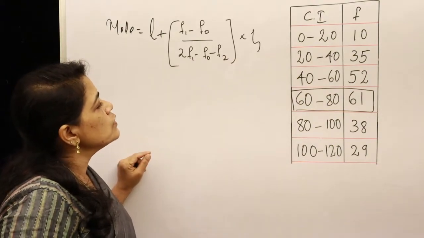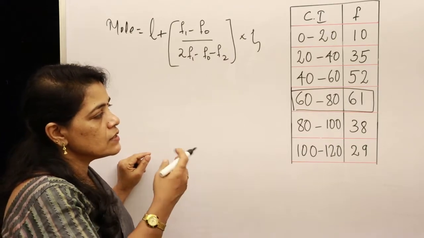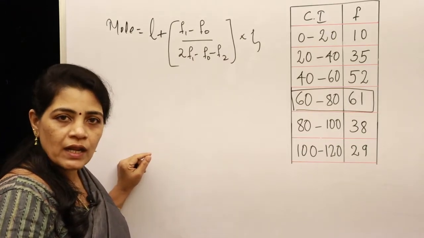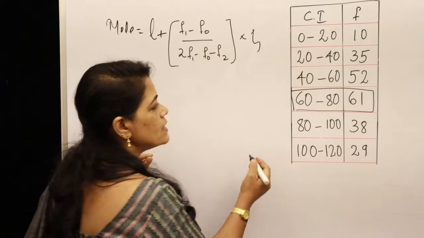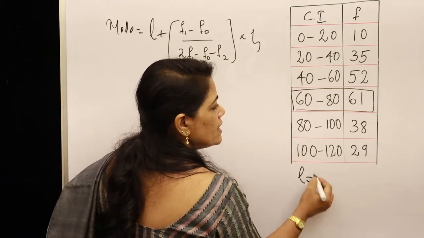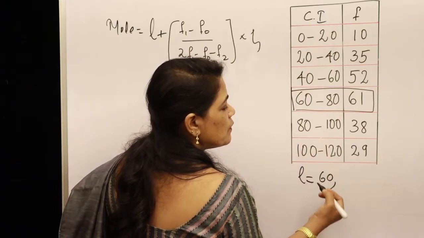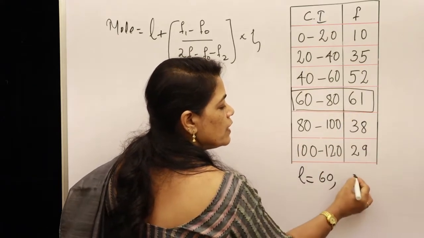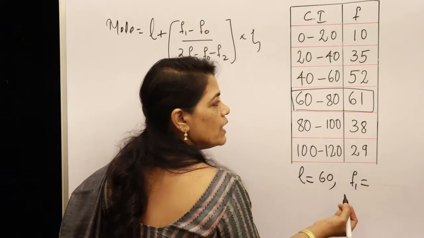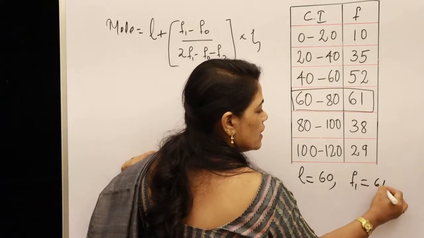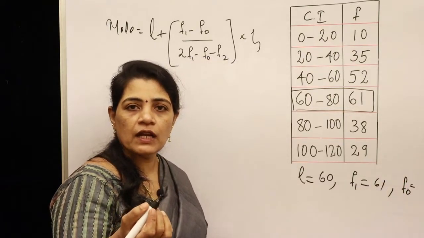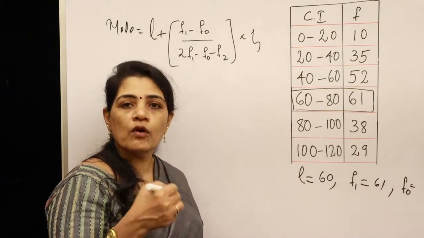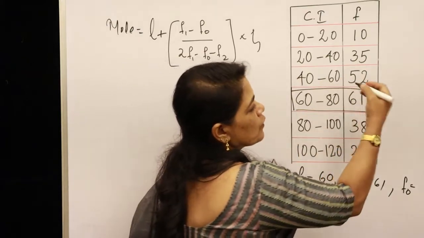Since 60 to 80 is the modal class, the lower limit of the modal class is L, so L is 60. F1 is the frequency of the modal class, that is 61. F0 is the frequency of the class preceding the modal class, that is 52.